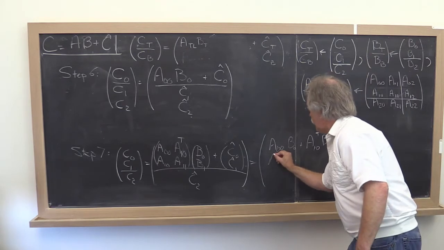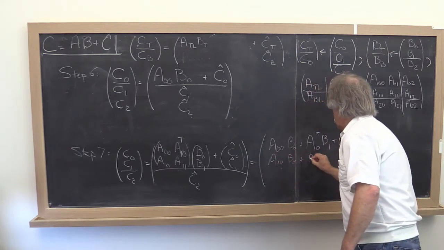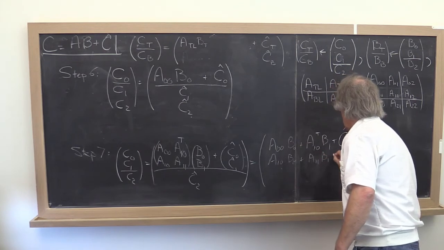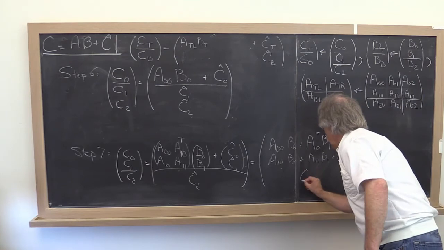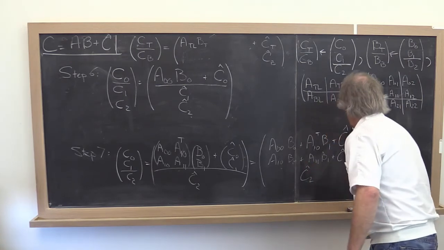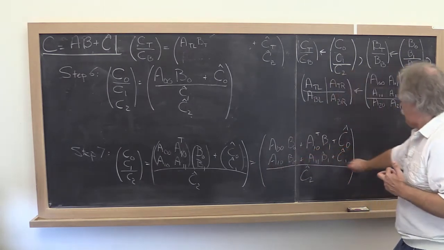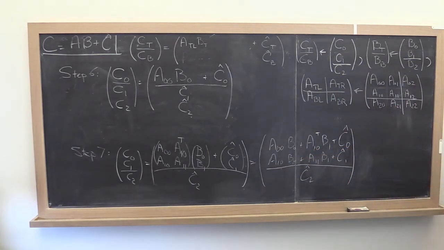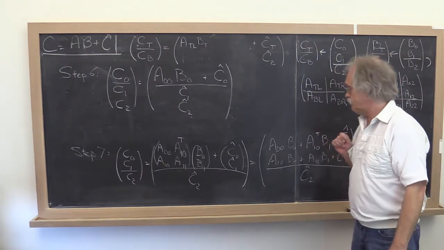And then A10 B0 plus A11 B1 plus C1 hat. And finally C2 hat. All right, with the line right there. Okay, so that is what we get.